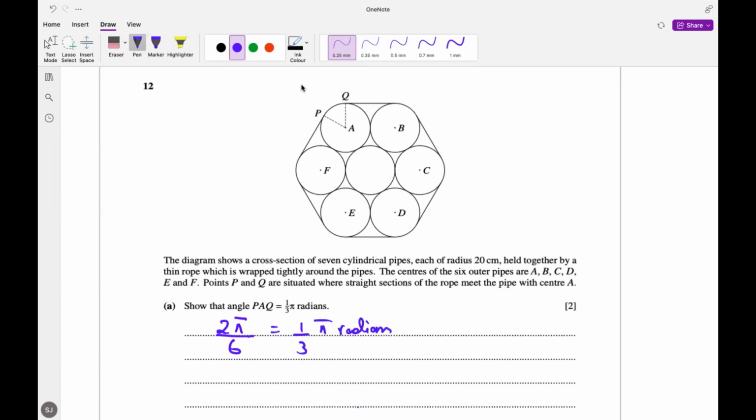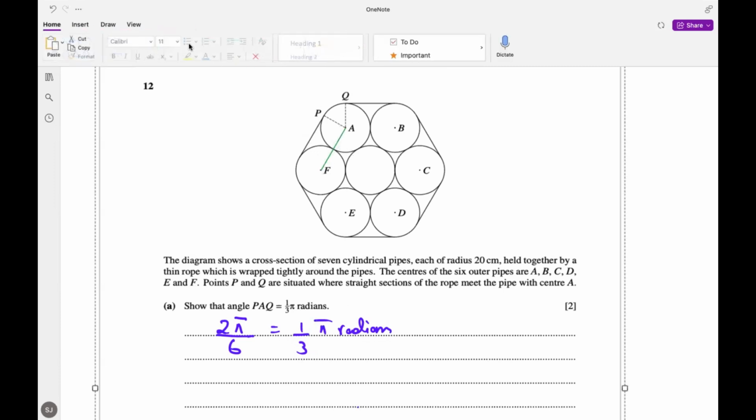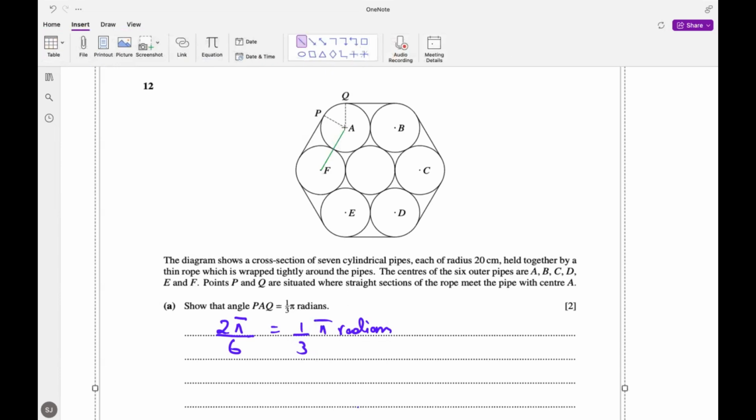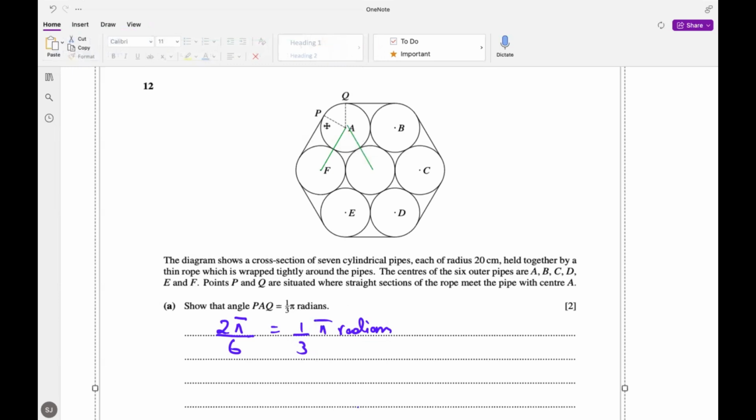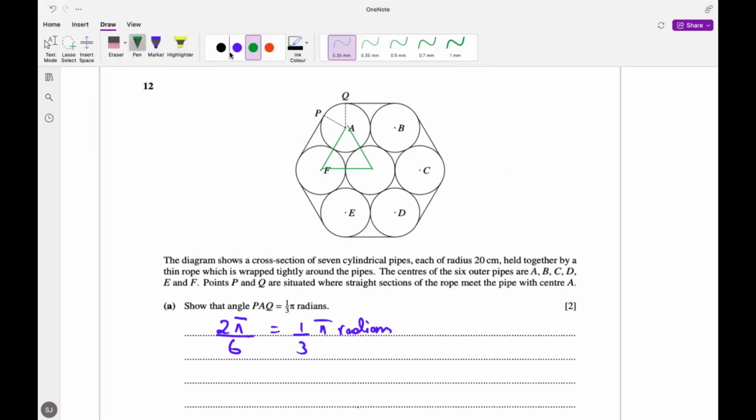Another way is that, let's say if I draw a line from A to F, and then another line from A to the center point of this circle, and then another line from the F to the center point of this circle, we can see that each of these lengths will be equal, as the radius is 20, so each of these lengths will be 40 each.